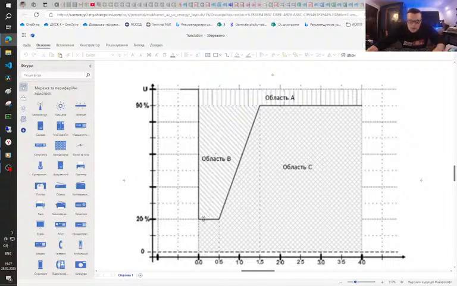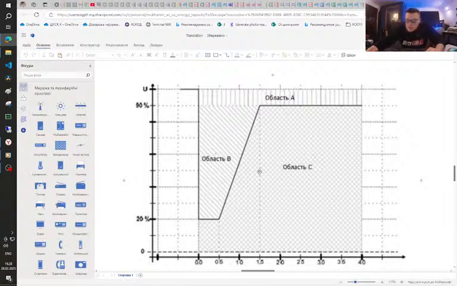In area B, the wind farm also has to be connected to the grid, but it must begin to produce reactive power, and this production must start within at least 100 milliseconds, and I will show you this.